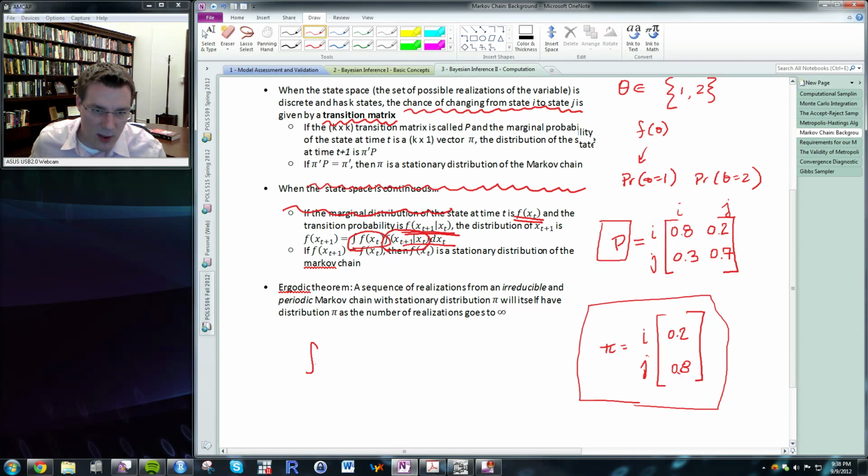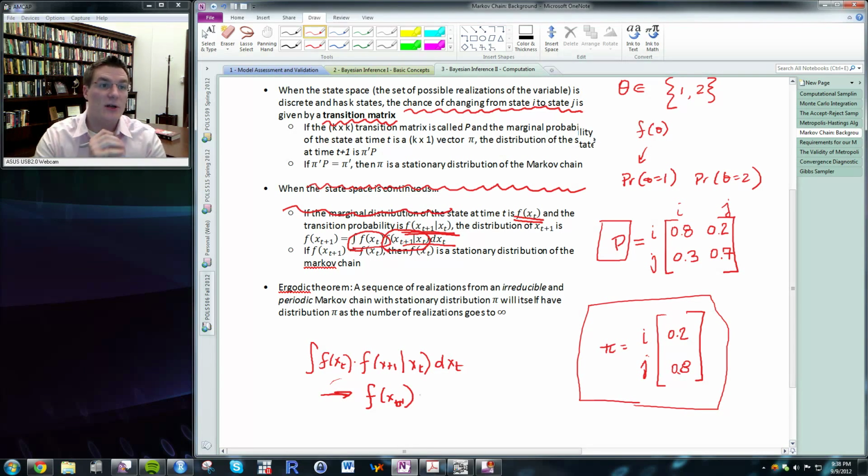So if you integrate out all the possible states we can start in and all the different places we can go, that will give us the distribution at t plus 1, the distribution of states we can be in after the transition.